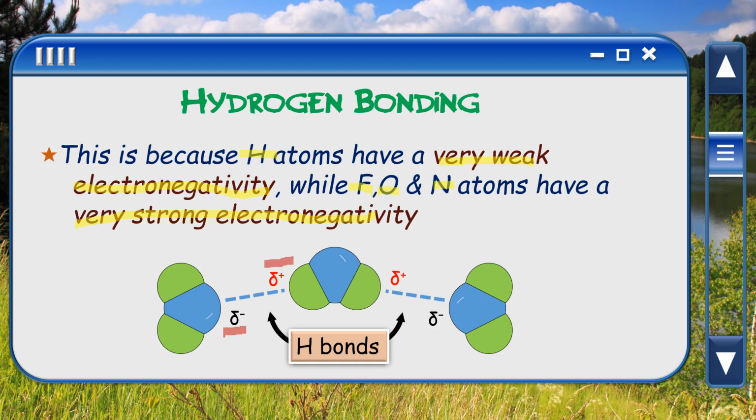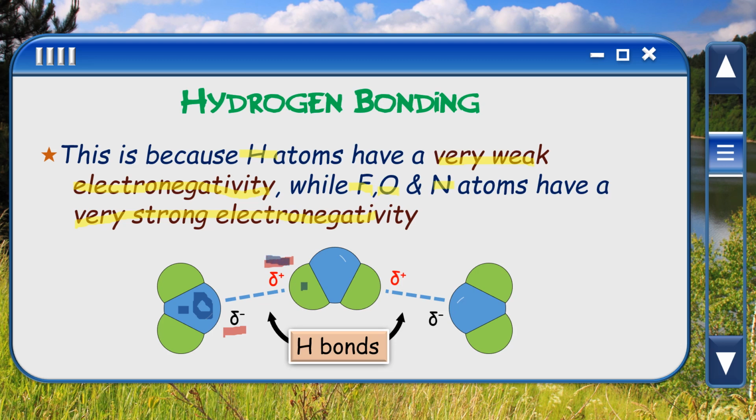Oxygen has a very strong electronegativity, and hydrogen has a very small electronegativity, therefore it is partially positive.